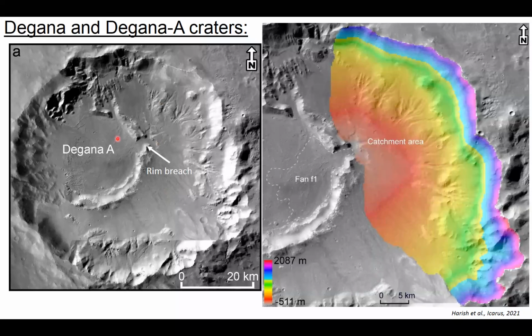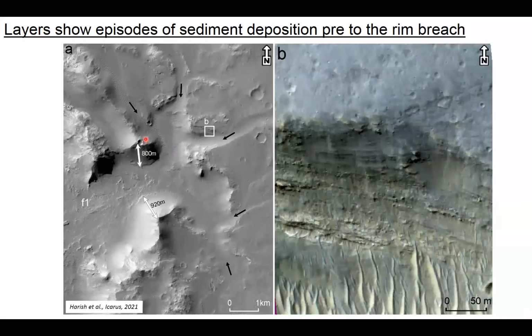But still, there are other fan deposits which are seen in this part of the crater. They didn't have any breach, and there are even plenty of fan deposits or associated channels present on the bigger crater. That means a huge amount of activity has occurred within this crater post formation. The breached crater wall is roughly 800 meters high, and the thickness is roughly a few kilometers.